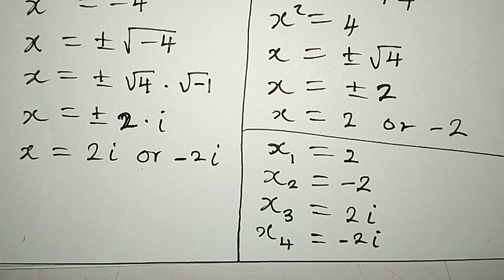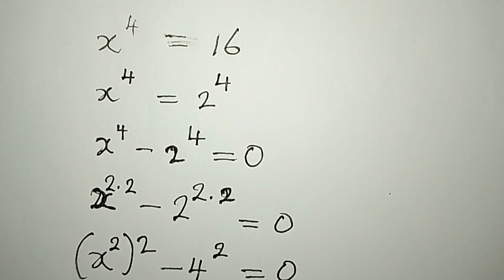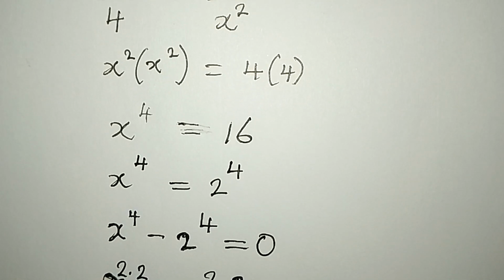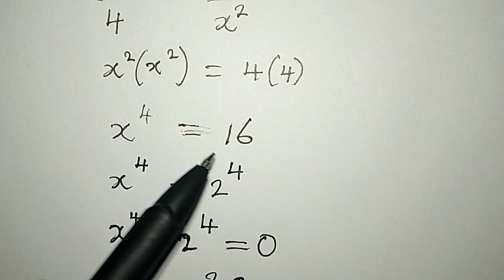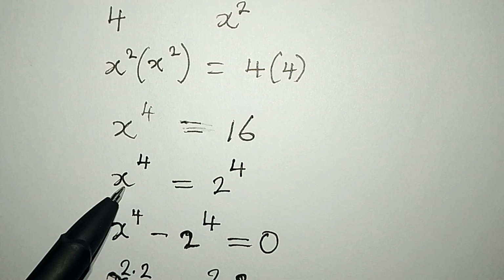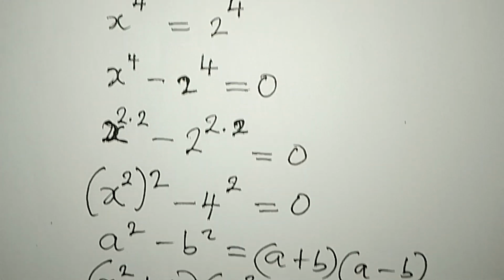But imagine if we had stopped at this point. Let me show some things. Imagine that we stopped here when we got x to the power of 4 equal to 2 to the power of 4, and we say that x should be equal to 2. It means that we would have just one solution to the problem.